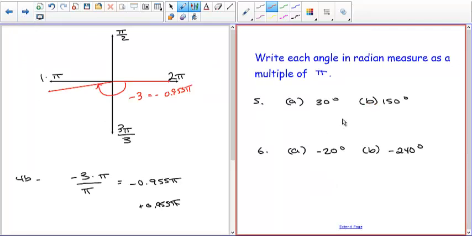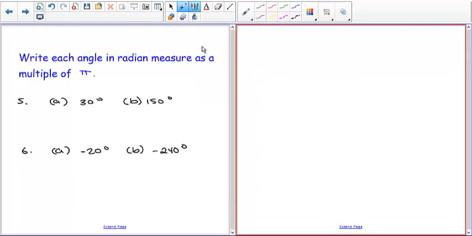Okay, so this is an example of what we just kind of did earlier. We want to write these as a multiple of pi, so all you have to do, these are pretty easy, because you just have to do the calculation. So if you want to go from degrees to radians, first we got to go to radians, and then we got to make it some ratio of pi.